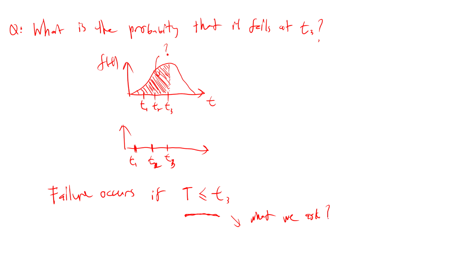And time to failure is the character of our CCTV, which is random, which is a random variable.